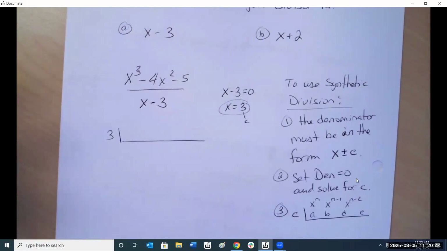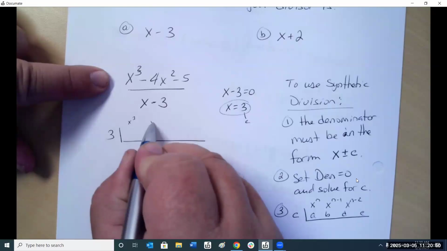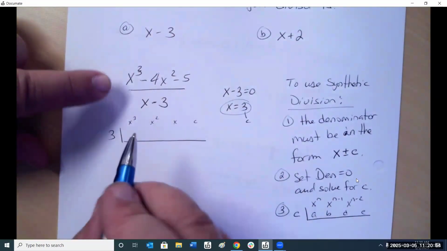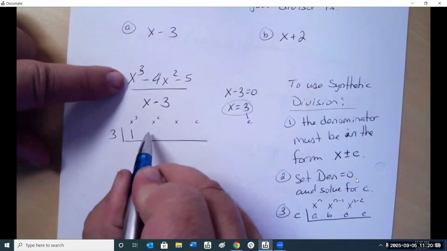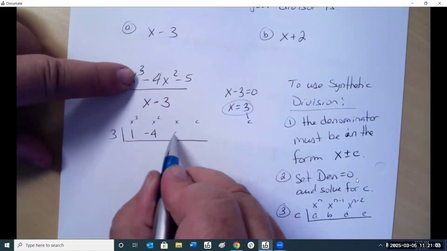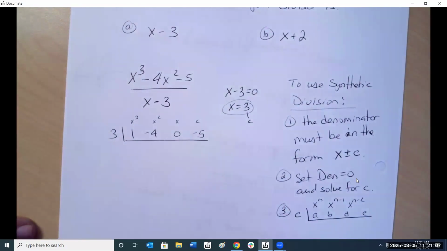Synthetic division does not use letters. It's only numbers. So the highest exponent is x cubed, x squared, x, and a constant. So what are the coefficients? They go down here. What's the coefficient of x cubed? 1. X squared? -4. X? 0. And the constant is -5.